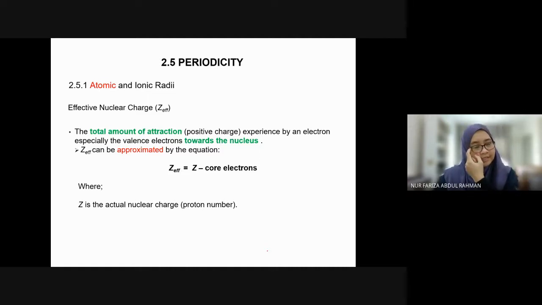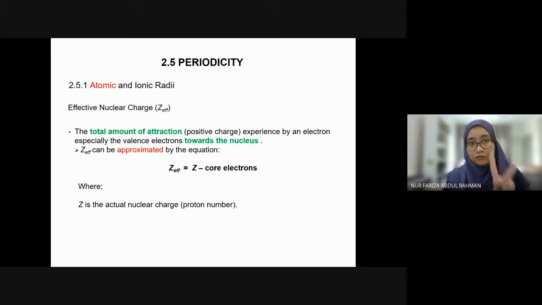In yesterday's lecture, I highlighted the four behaviors of elements in the periodic table. Before we go for that, we should know the main factors that affect all of those, for example the atomic radii, and also the ionization energy, electronegativity, and electron affinity.